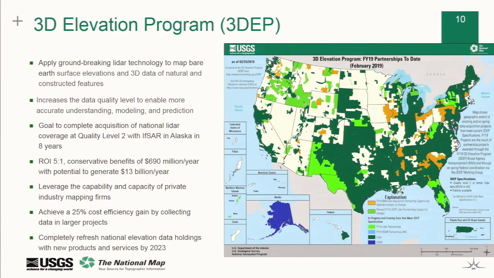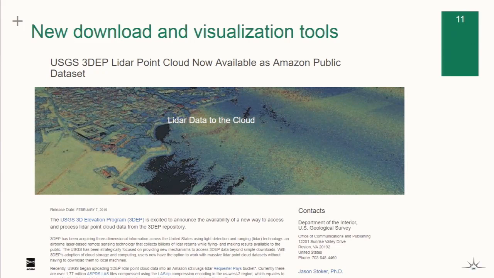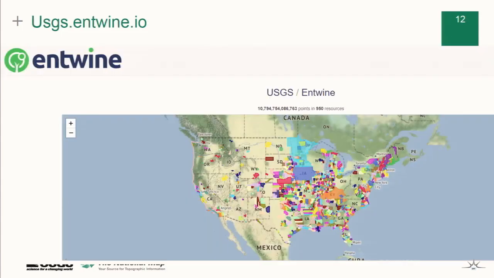And I'm probably missing stuff on this slide, but one thing I wanted to show was a cool new tool. It's the new download and visualization tools that are available online. We've moved a lot of our point cloud data onto Amazon Cloud services. So what we have now are a couple of different ways that you can visualize that data.